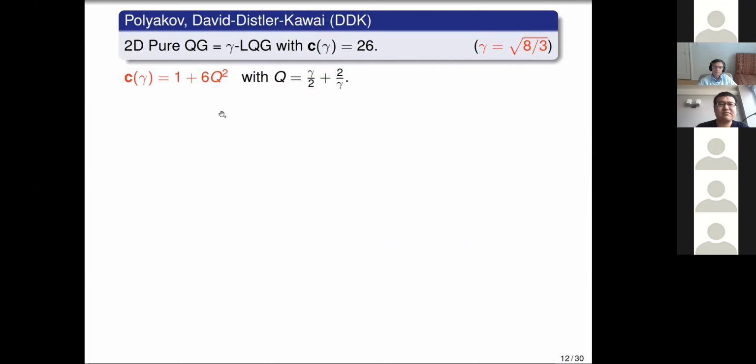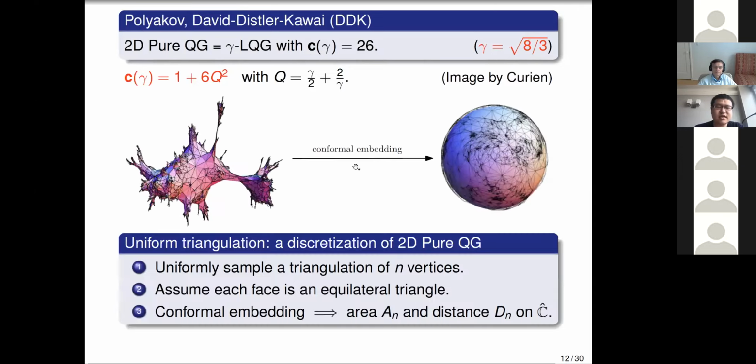So let me start by considering the pure gravity case. According to Polyakov's prediction, the 2D pure quantum gravity corresponds to the gamma LQG with the central charge given by this magic number 26. And here, if we solve this equation, we find that gamma equals this number, the square root of 8/3. And since we have a rigorous definition of Liouville quantum gravity, we can make sense of this conjecture precisely.